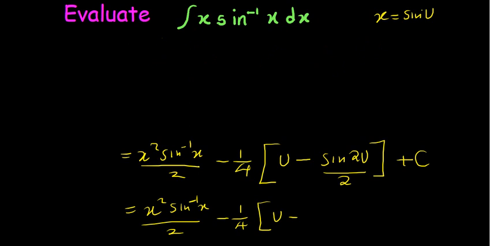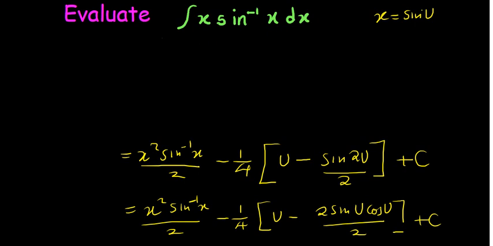When you're talking about double angles, sine of 2x is equal to 2 sine x cosine x. So where there is sine of 2u, we are going to put 2 sine u cosine u, divided by 2, plus a constant c.